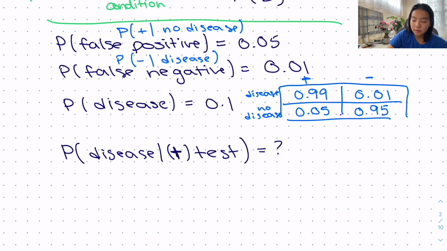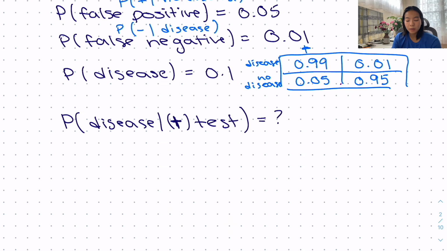And now this probability of disease being 0.1 just means I have a 10% probability of having the disease, right? Like in the general population, the probability that I have the disease is 0.1. Okay, so what is the probability that I have the disease given that I got a positive test? Well, remember that we can write this out in terms of Bayes' rule, right?